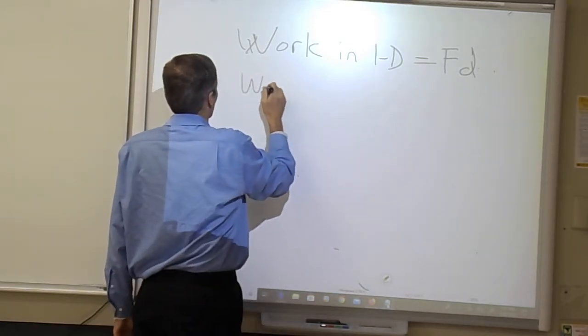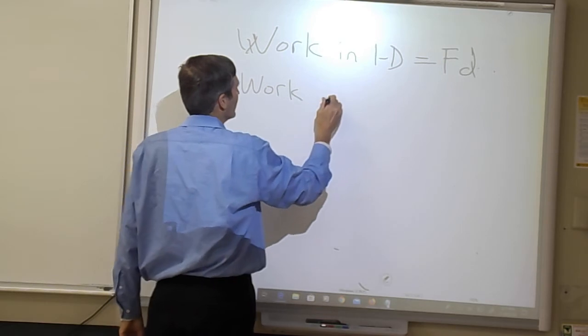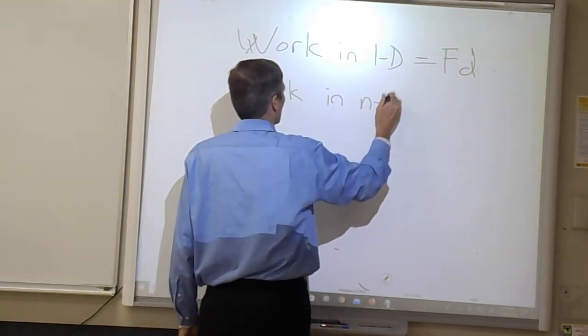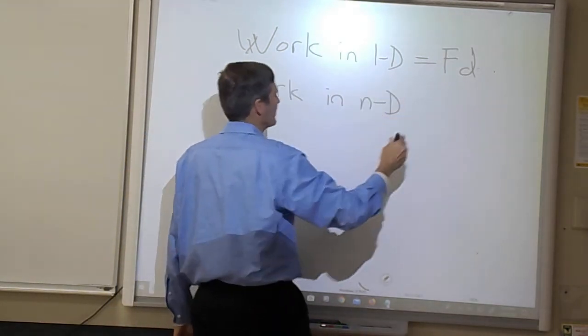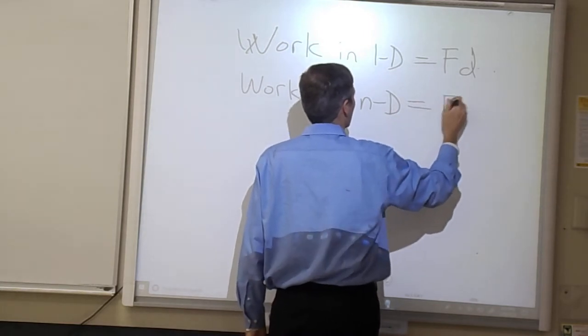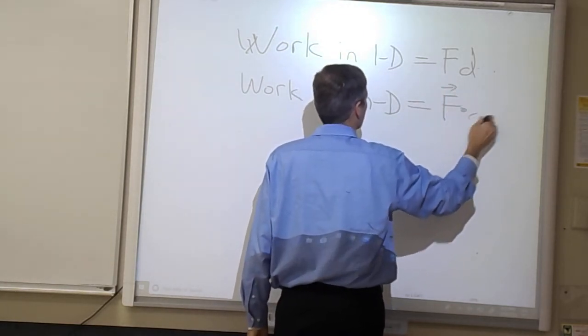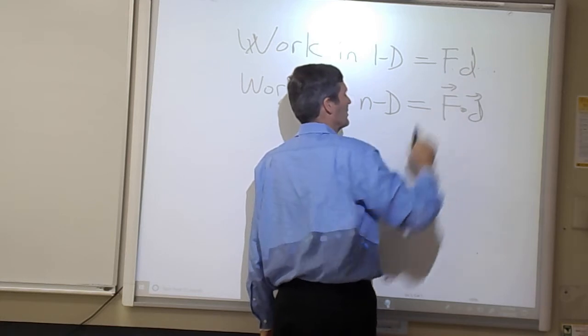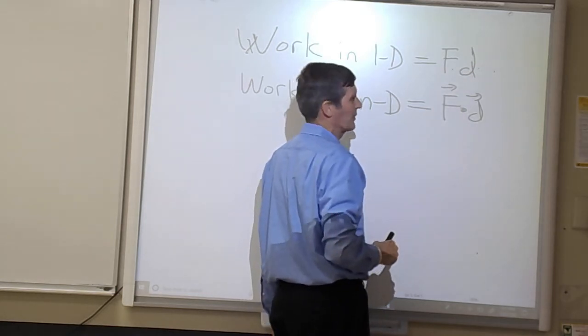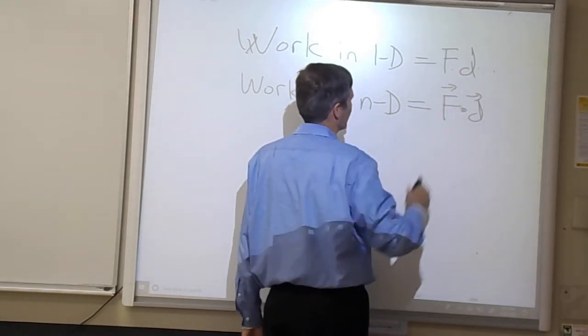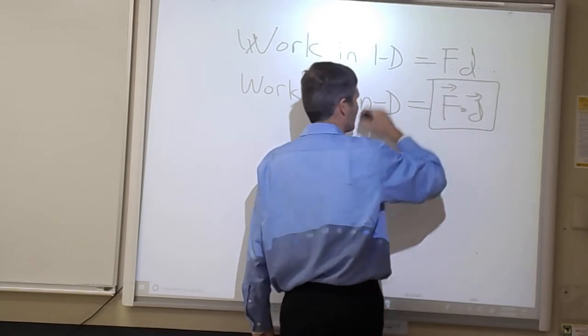Now, work in two dimensions or higher, so I'll say in n dimensions, is not going to be force times displacement, but force dot displacement. Multiplication is actually the dot product in one dimension, it turns out, so this is a special case of this. It's the same definition, just extended to more dimensions.